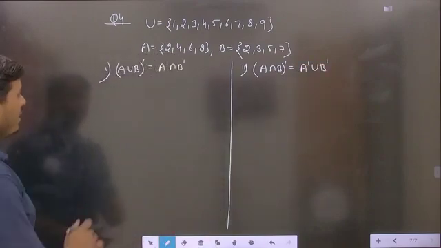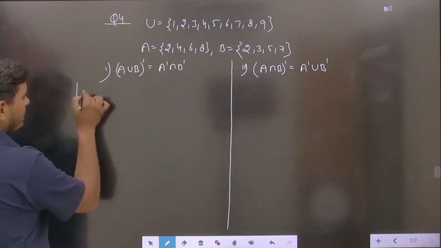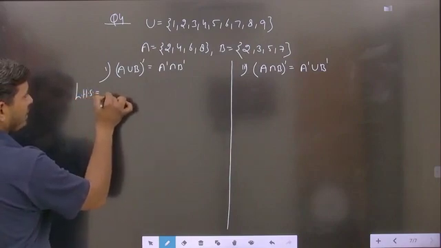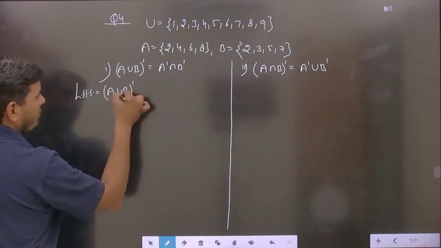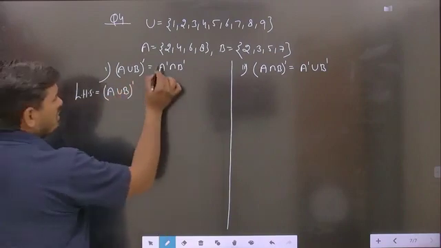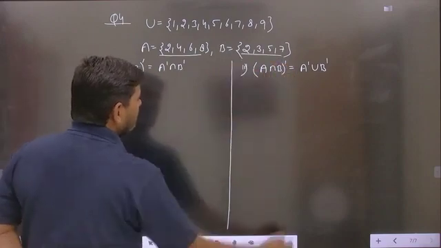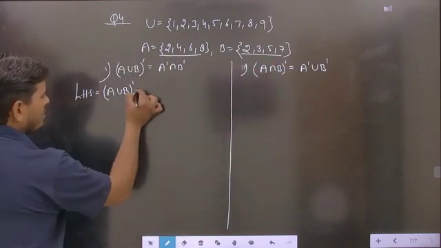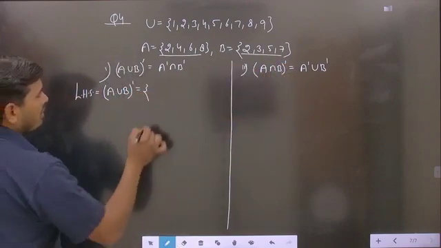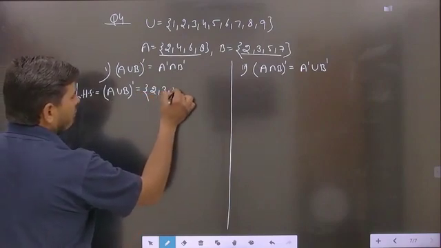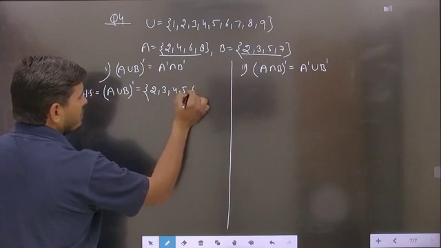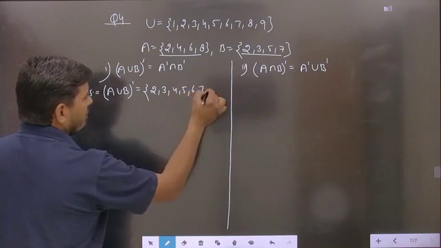So in the left hand side, we have to calculate (A union B) dash. First, what is A union B? You can see the elements of set A and set B, so we write 2 3 4 5 6 7 and 8.